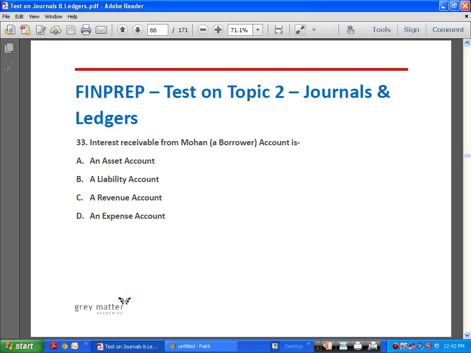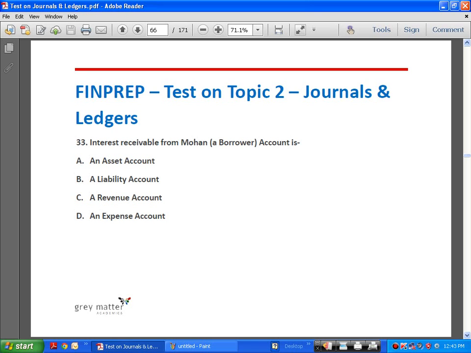Interest receivable from Mohan, a borrower account is, okay. Interest is receivable means money has to be received from Mohan. So any account that represents money or any future economic benefit that is supposed to flow to the business represents an asset account.